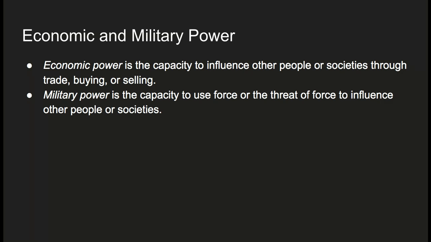Economic power is being able to influence other people or societies through trade, buying, or selling. Military power is the ability to use force or threat of force to influence other people or societies. That's part of how Rome will grow to that vast size that we talked about earlier.